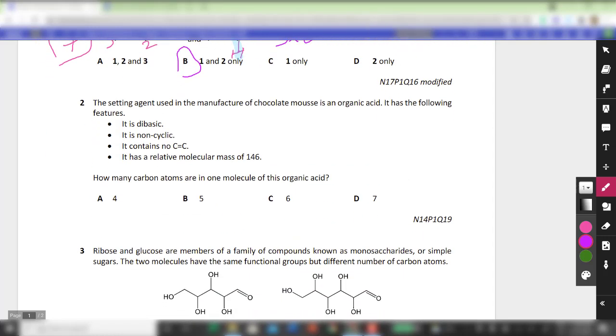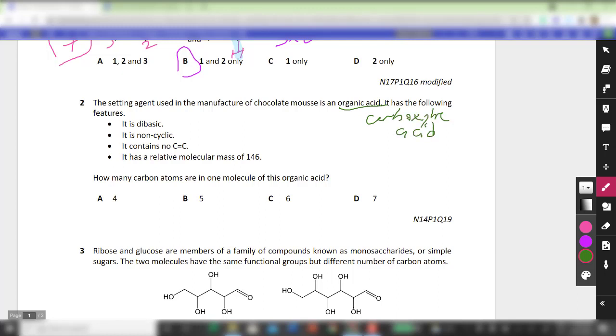Okay, and then for the second question, you were told that this particular setting agent for a chocolate mousse is actually an organic acid. At your current level, for an organic acid, usually you will think of it as a carboxylic acid, although it need not always be the case.